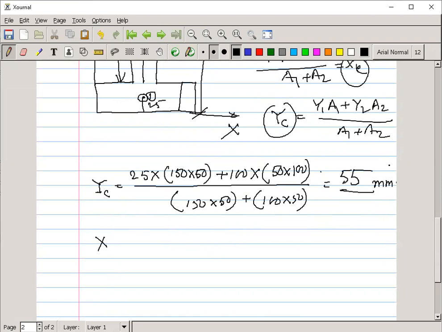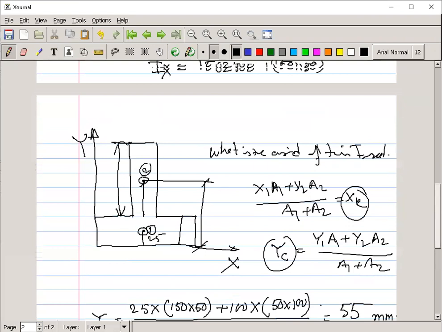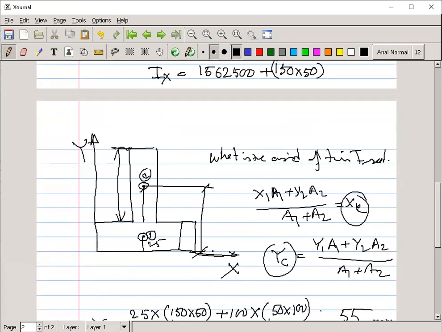55. Okay. It means from this axis, this portion is already 50.